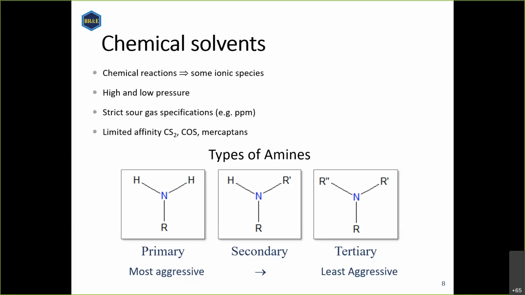All of the amines basically start with almost like an ammonia molecule, right? And you can see that primary amines have a single substitution, secondary amines have 2 substitutions, and tertiary amines have 3 substitutions. Now, what that substitution actually is depends on the amine that we're using.